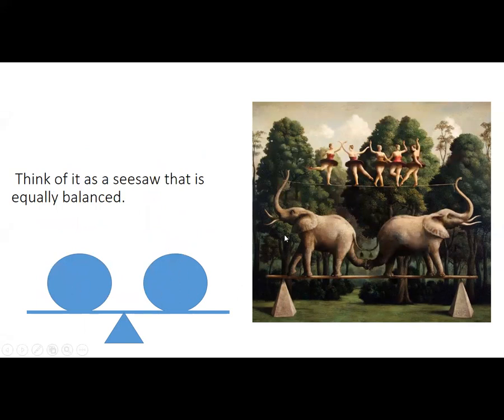There's an elephant here, there's an elephant here. There's a pillar here, a pillar here. There's trees here, trees here. There's two ladies here, and a lady in the middle. So this is pretty much equally balanced in terms of weight.